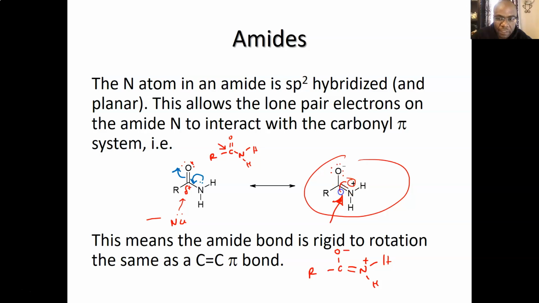So this cannot be rotated, because you keep shifting between single bond and pi bond. You have a hybrid of pi bond character, which behaves similar to the C=C double bond, which cannot be rotated. So amide bonds are rigid and don't rotate.